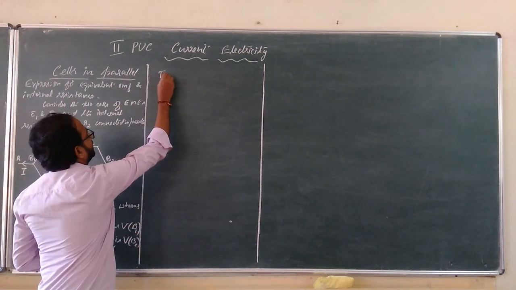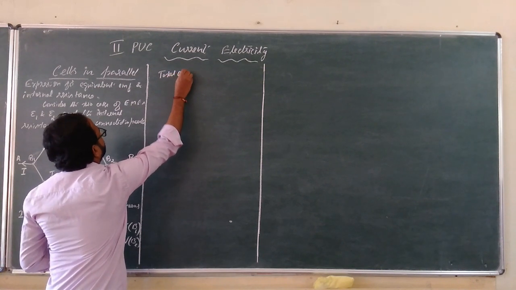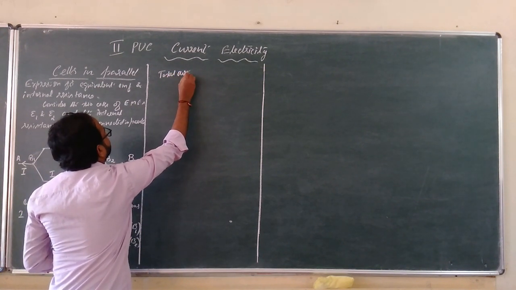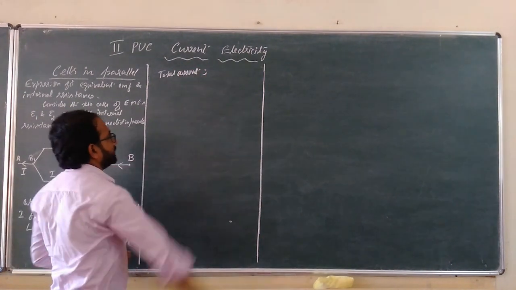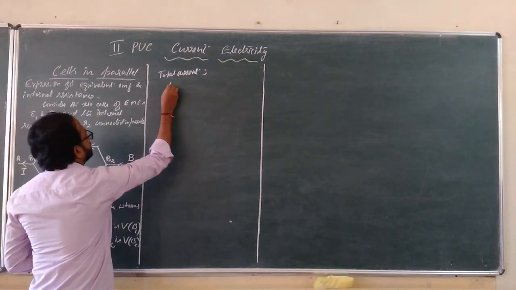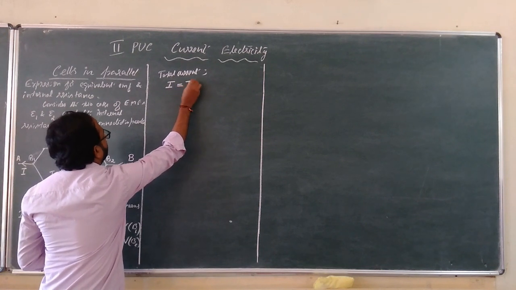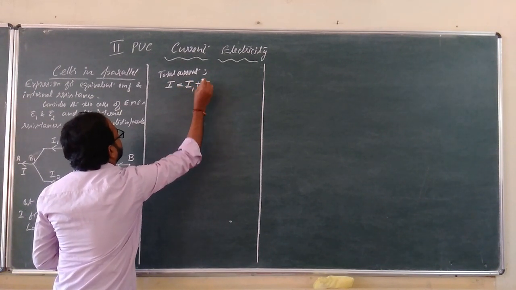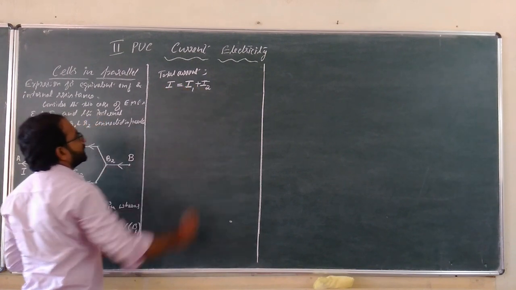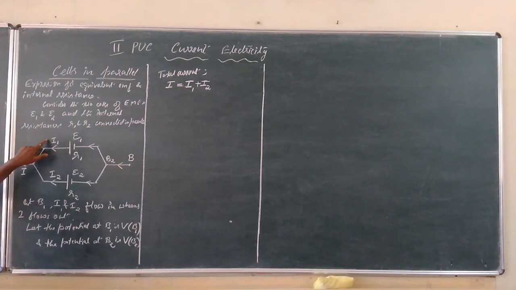Okay, so now what about the total current? The total current drawn by the external circuit, or supplied by the combination of two cells to the external circuit, is I, which is equal to I1 plus I2, the sum of these currents.